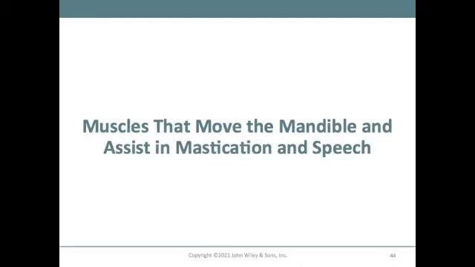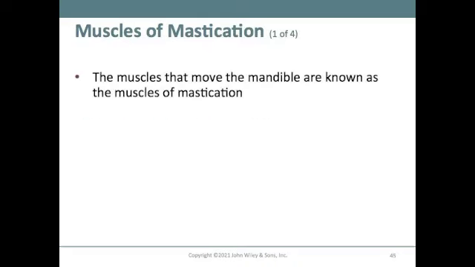Muscles that move the mandible and assist in mastication and speech. Mastication is a fancy word for chewing. Muscles that move the mandible are known as the muscles of mastication. The mandible is the only movable joint in your skull. It's your lower jaw, and it deals with chewing.